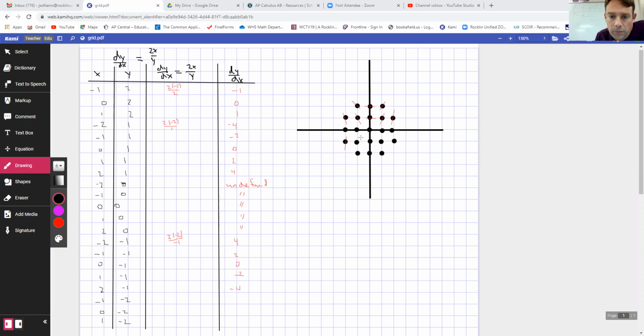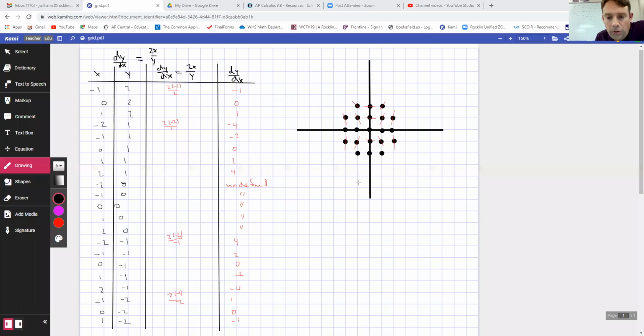Really steep. 2, 0, -2, and then really steep at -4. And last and certainly least, we plug in these last ones here. So we have 2 times -1 divided by -2. So that's 1, 0, and -1.